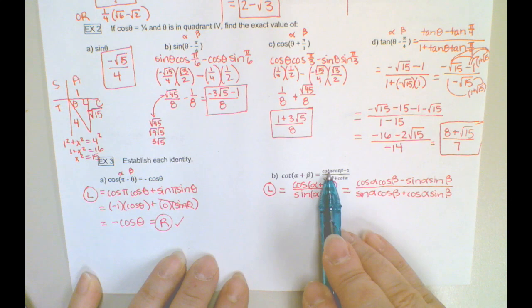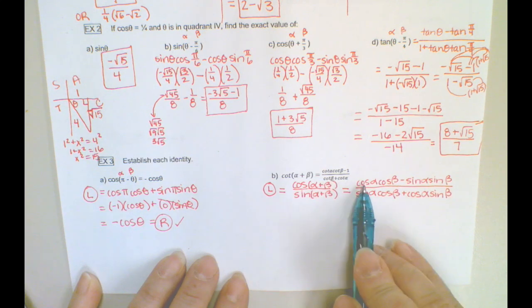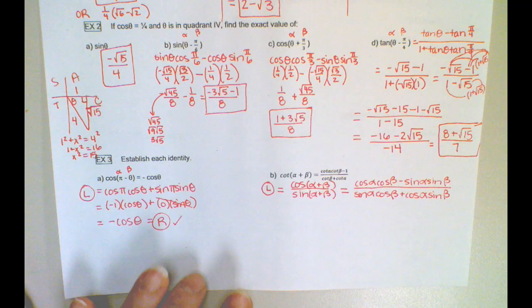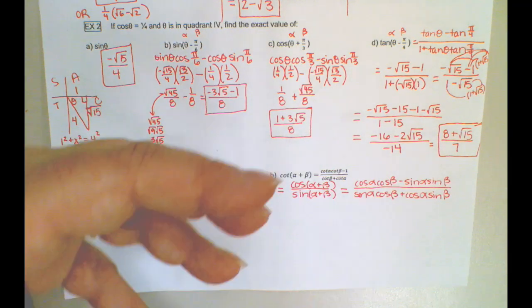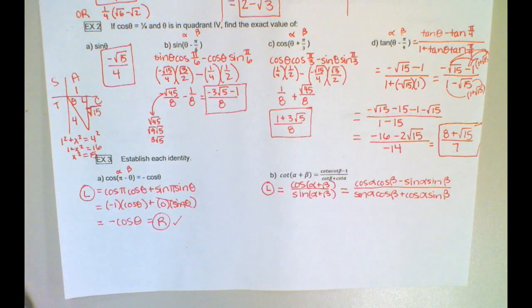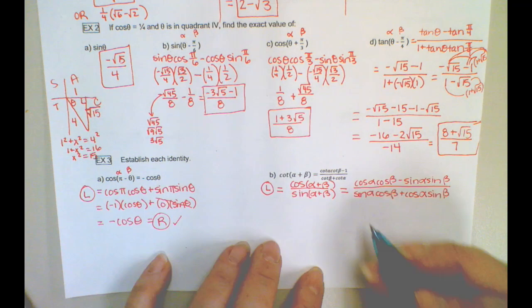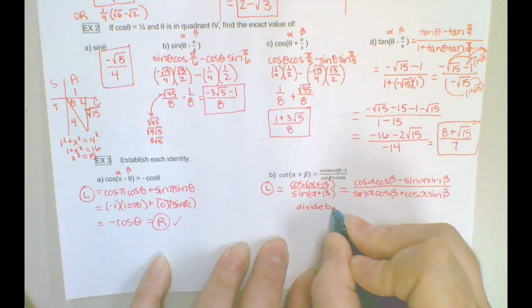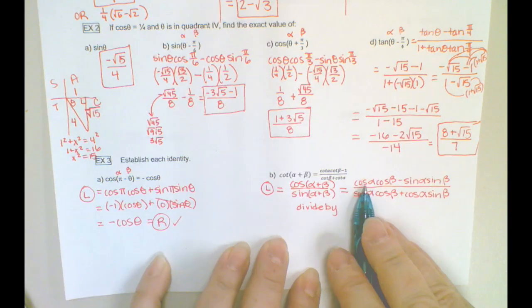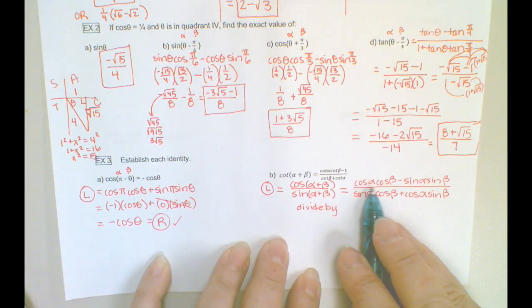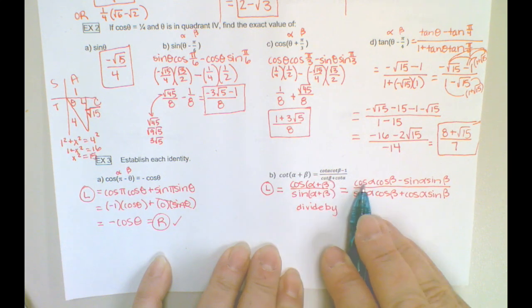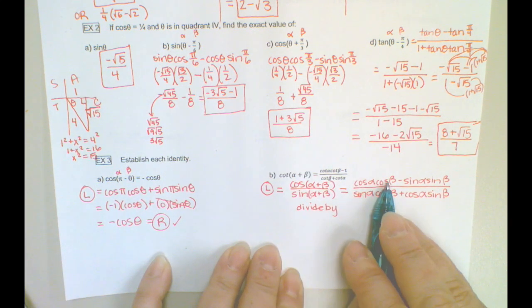And I want it to stay alpha and beta, but instead of cosine, I want it to be cotangent. So in order to get from cosine to cotangent, I would need to divide by sine. Now, it has to be sine of the same thing, right? If I want cotangent alpha, cotangent beta, I need the sine of both of those.